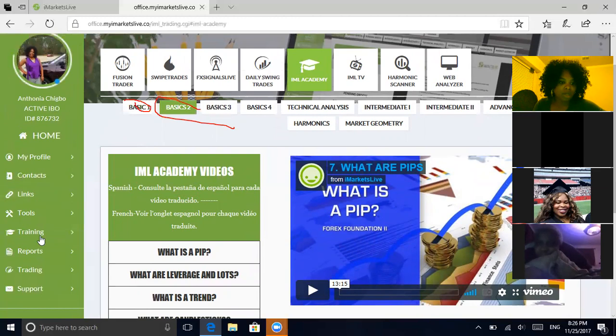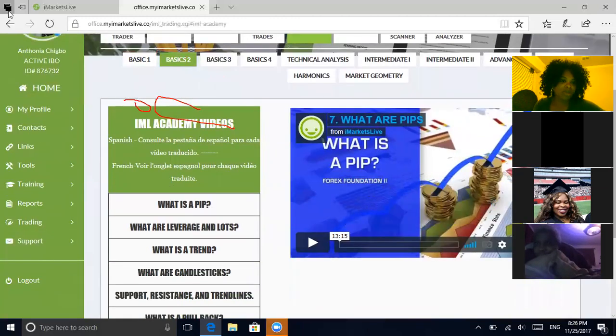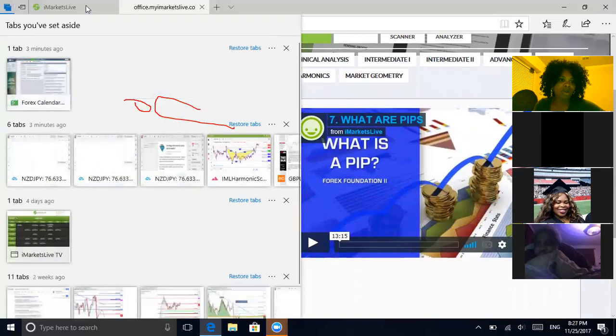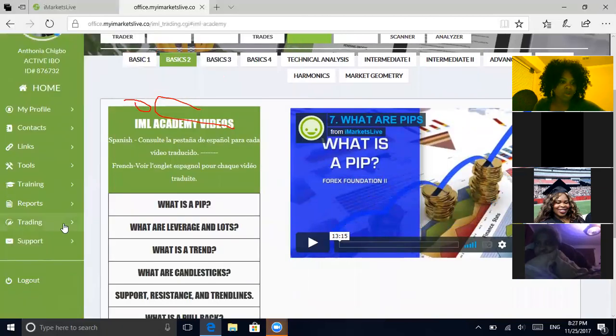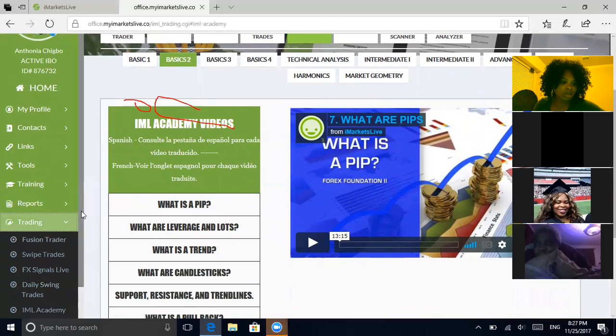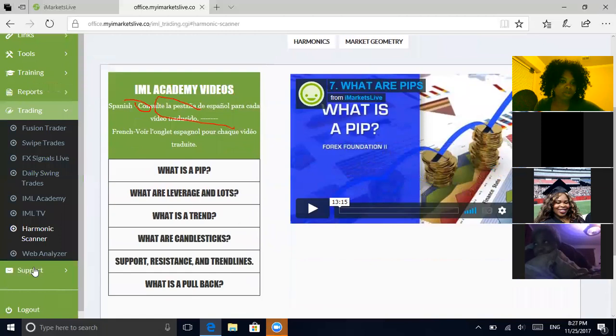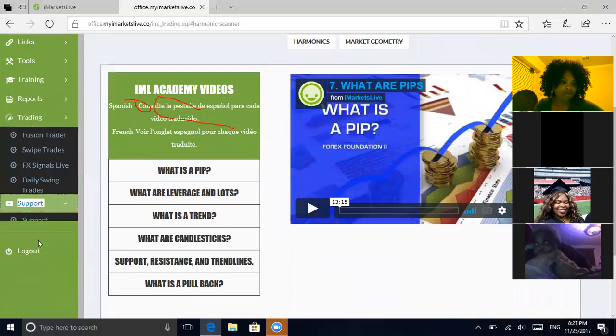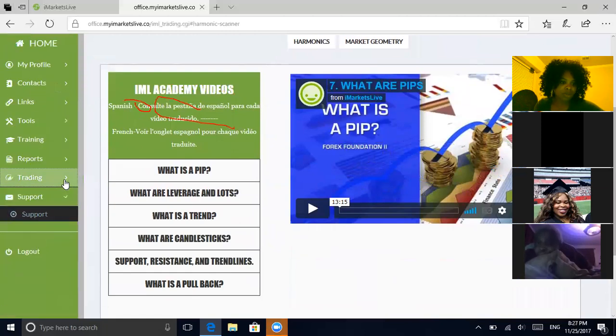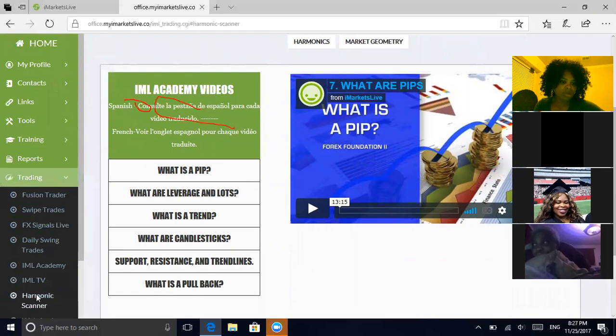So another one that I want to show you is the harmonic scanner, right? If I go here, from your back office, let me show you. You go to trading, always trading, and then right here, harmonic scanner. You click on that.